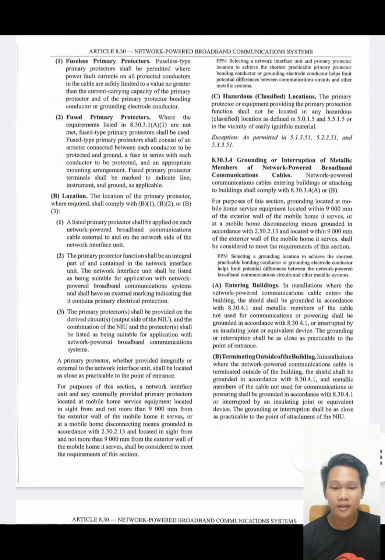So, a primary protector, whether provided integrally or external to the network interface unit, shall be located as close as practicable to the point of entrance.